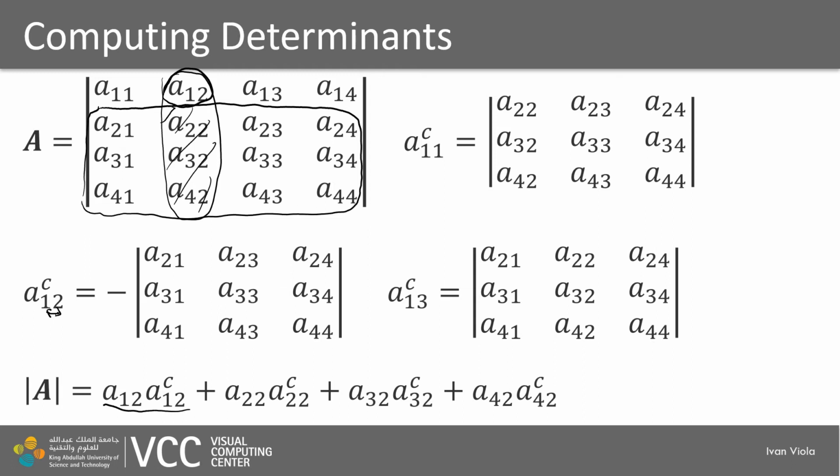The second term will be that we take this element here and find a corresponding matrix. The corresponding matrix will not include the elements in the second row.